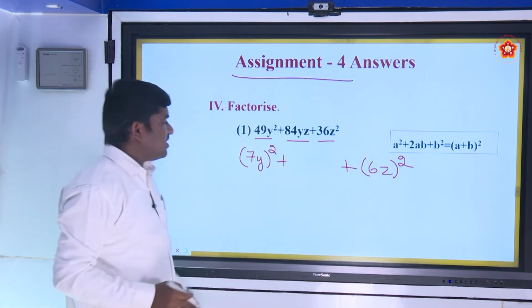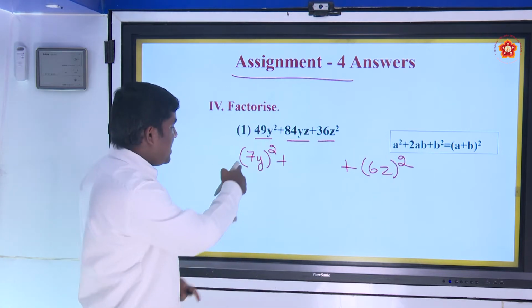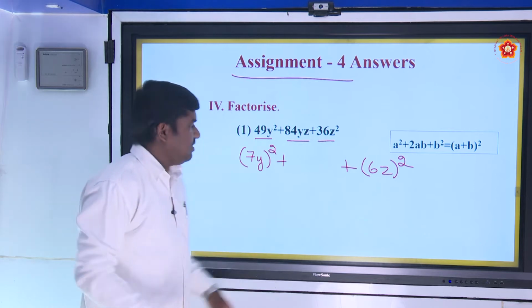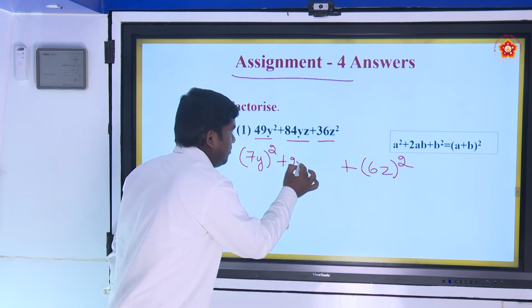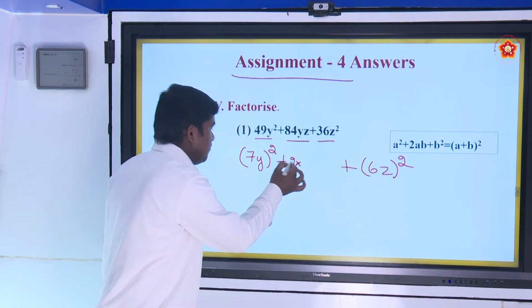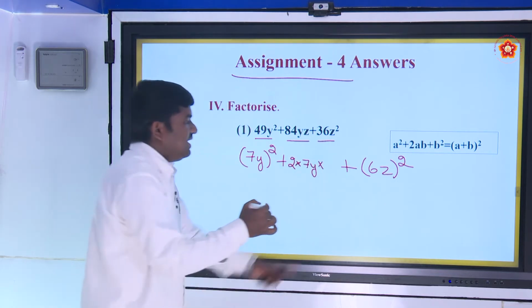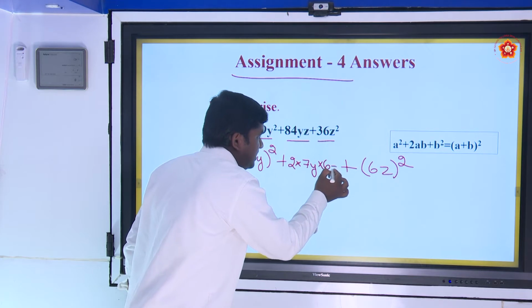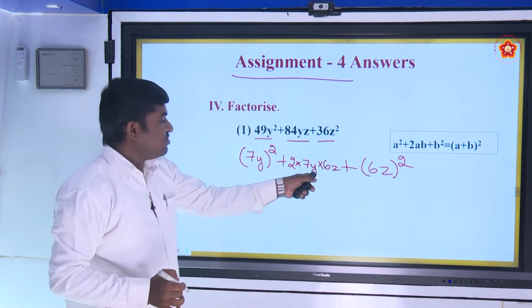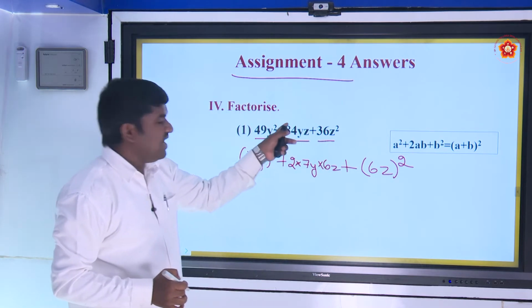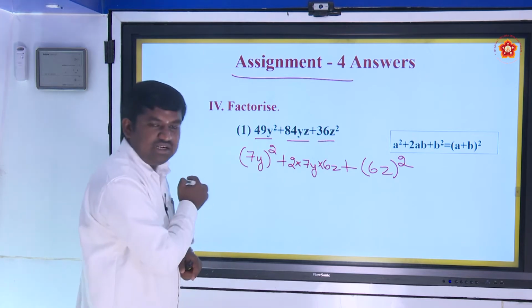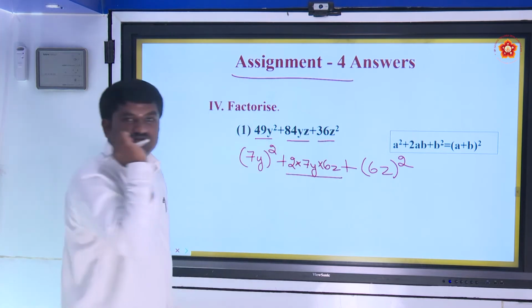Next observe here, 2ab, a is 7y, b is 6z. So 2 into a, means value of a is 7y, into value of b, 6z. Now we multiply this, 2 sevens are 14, 14 sixes are 84yz. Yes, this is the 2ab term.